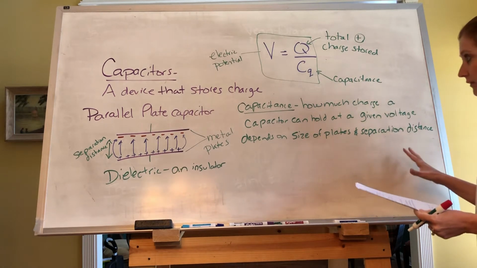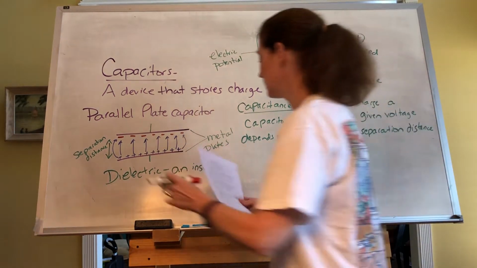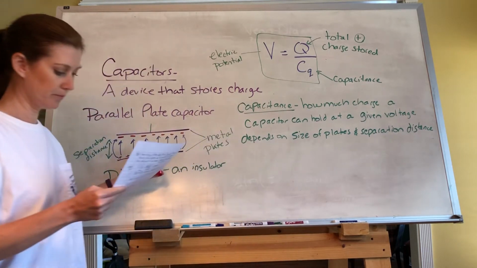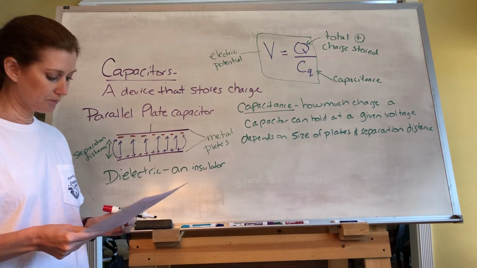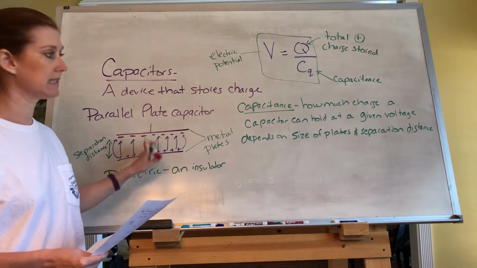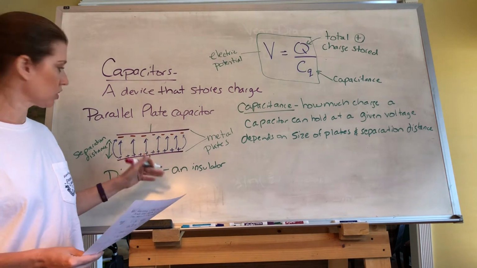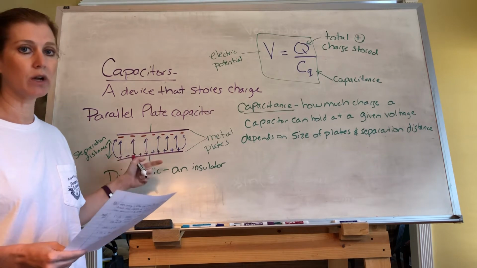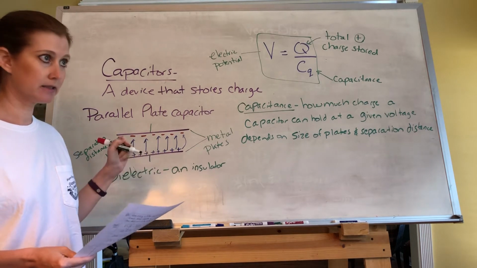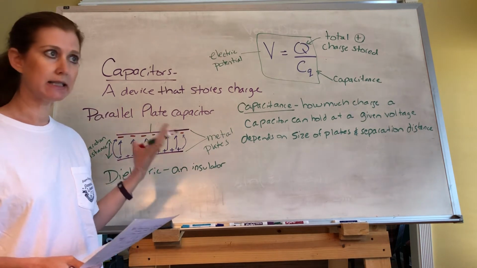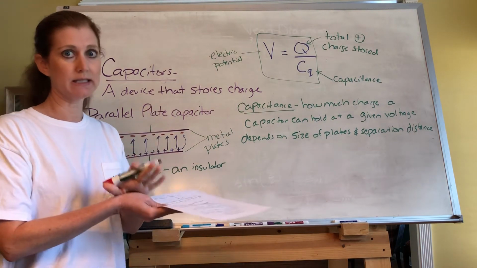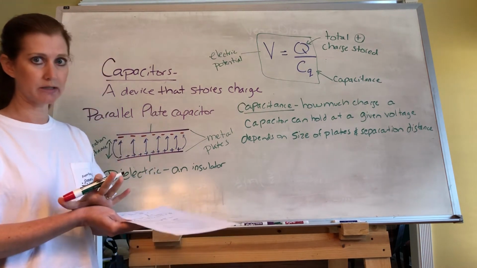Okay, so if you have large plates, you've got lots of room, and you're going to have a high capacitance. If the separation distance is large, then the charges are not going to attract as well, and you're going to have a low capacitance. Okay, so the bigger the plates increases the capacitance. The smaller the distance will also increase it.